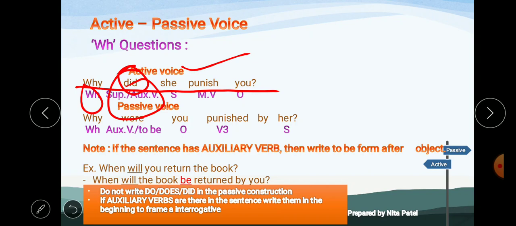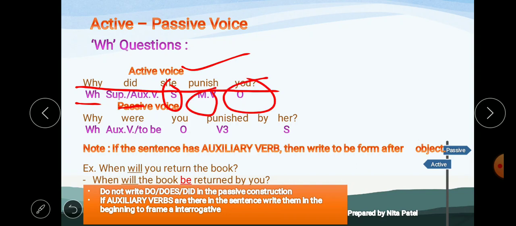Is it a supporting verb or an auxiliary verb? It is a supporting verb, right? It's not the auxiliary verb. So first the WH word, then the supporting or auxiliary verb, then comes our subject, then our main verb, and the object at the last. So this is the structure of WH questions in active voice.